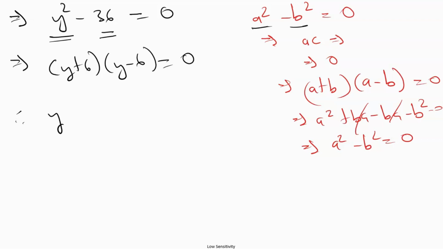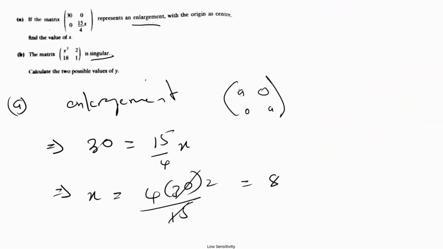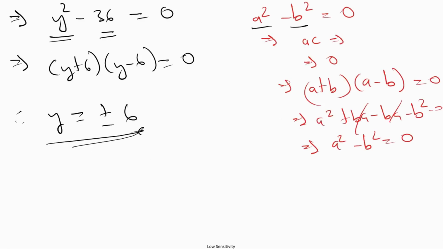Therefore, y is going to be equal to plus or minus 6. Let's go back here. Calculate the two possible values of y. So we have y equals plus or minus 6, and here x equals 8. So that's how we solve for this question.